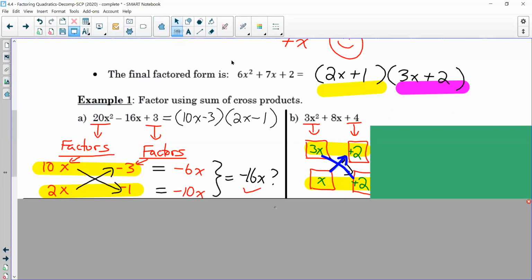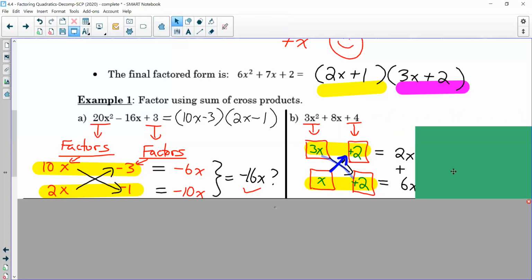So what that's going to leave me with is a crossing result. X times 2 is 2x. 3x times 2 is 6x. If I add these together, I want to make sure I get the middle term, and I do.